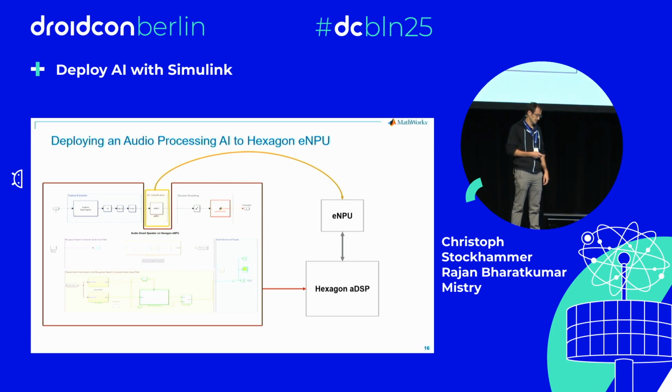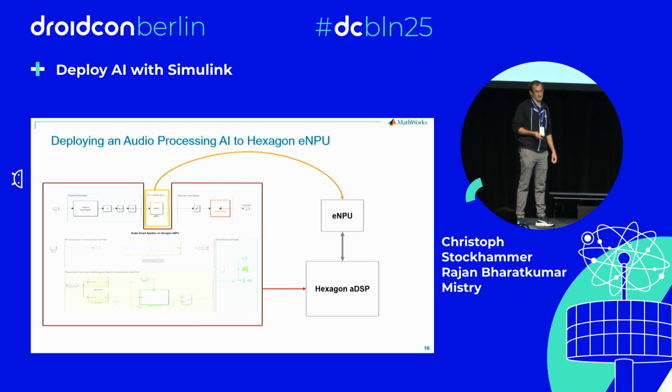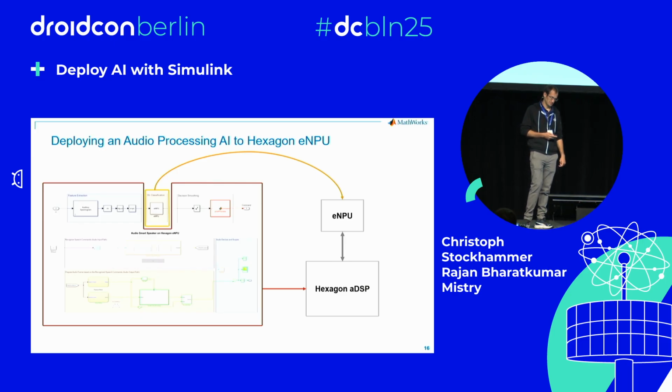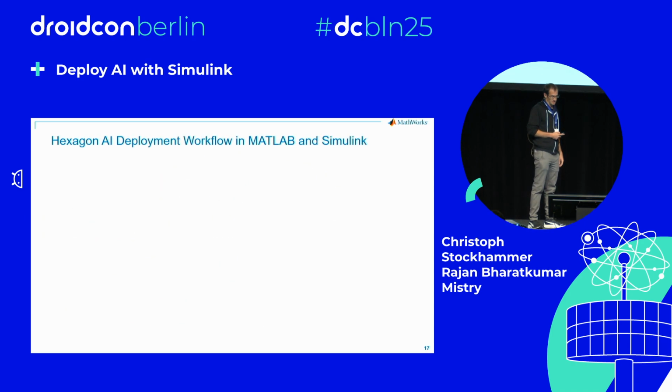It's basically audio input processing, things like feature extraction, and then output audio processing, like equalizers, things like that. Our goal is to deploy those parts to the ADSP on the Hexagon, whereas our smart speaker obviously also contains an AI model. It's a convolutional neural network, and this one we want to offload to the eNPU for performance and energy reasons, right? So this is the high-level idea of our application.